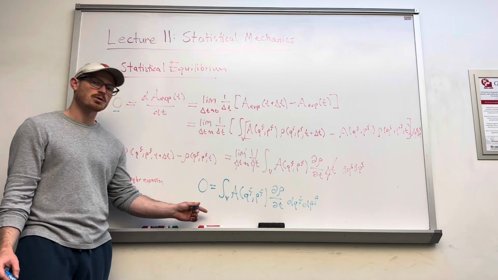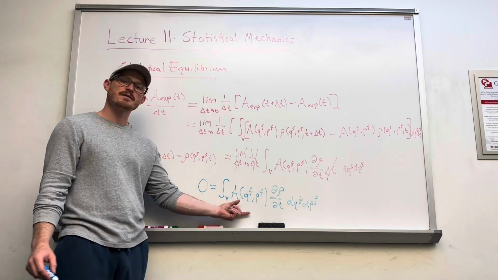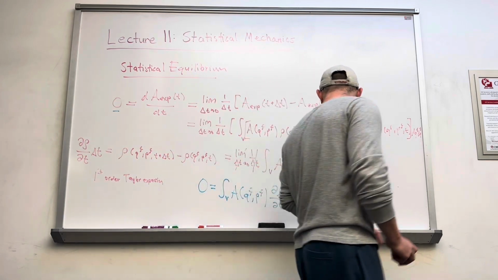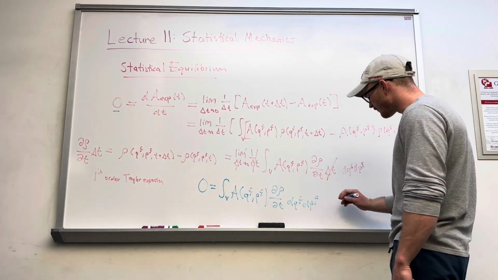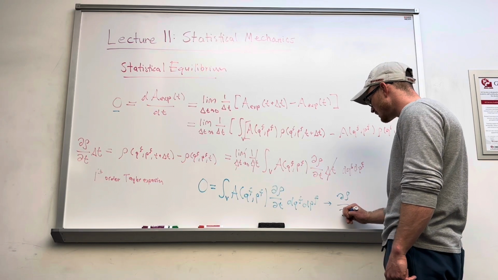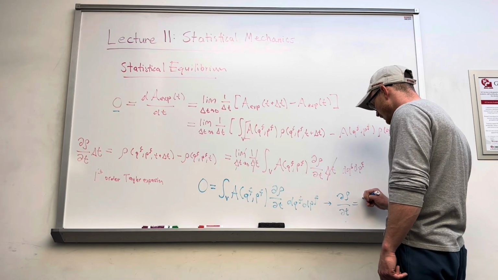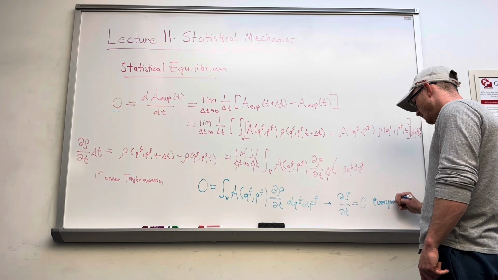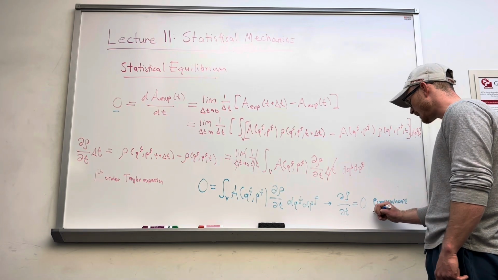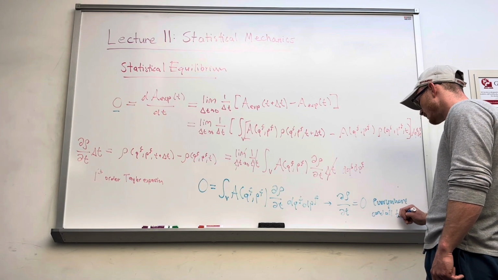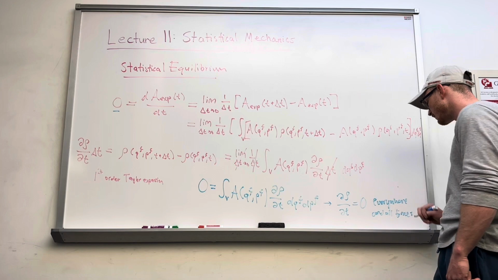Now this must hold for any choice of A. Regardless of whatever A I choose, this must equal 0. The only way for that to hold is if partial rho partial t is equal to 0 everywhere and at all times.